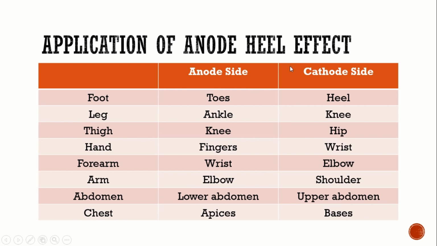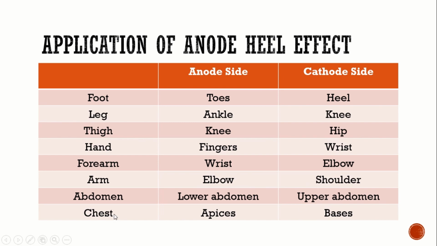To take a radiograph of the foot, the cathode side should be on the heel. To take a radiograph of the leg, the cathode side should be over the knee. For thigh radiography, the cathode side should be on the hip. Hand radiography, the cathode side should be on the wrist. Forearm, the cathode side should be on the elbow. Arm, the cathode side should be on the shoulder.